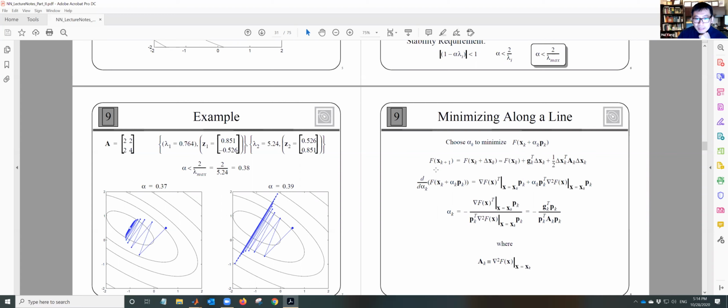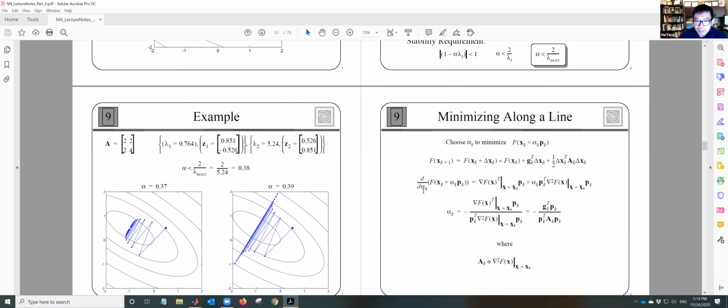In this way, if you take the derivative of this function, df(xk plus 1) over d alpha k, you see here, why do we take the derivative with respect to alpha? Because we want to find the optimal step length so that this function will have a minimum.